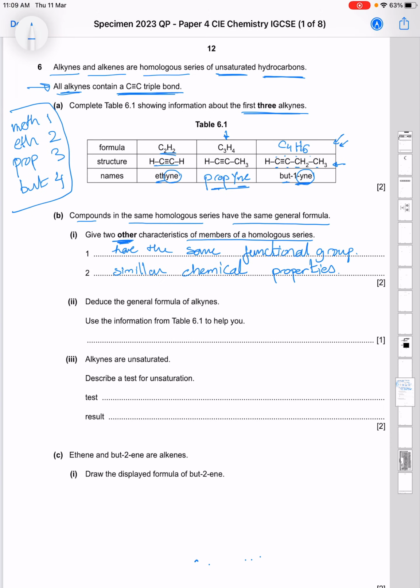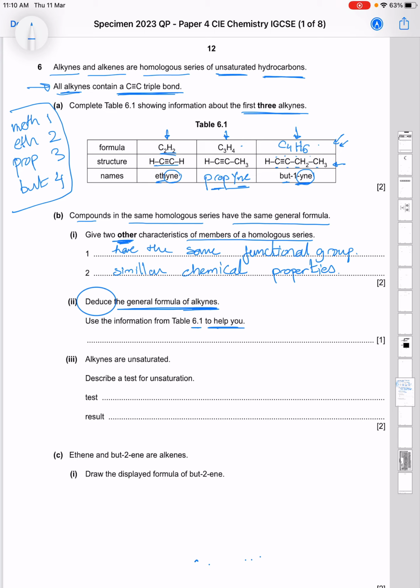Okay, so that's what I would write here. Deduce the general formula of alkyne. Use the information in table 6.1 to help you. Basically, we did not take a general formula of the alkyne, but we can deduce it using the formula given here. If it was C2H2, C3H4, C4H6, basically the number of hydrogen is double the number of carbon minus 2.